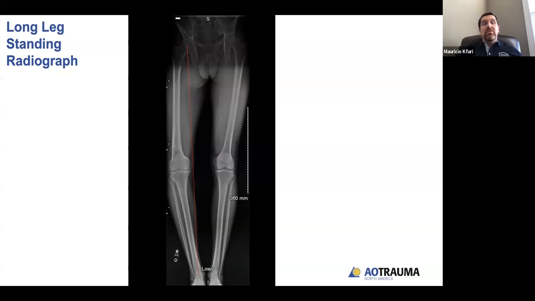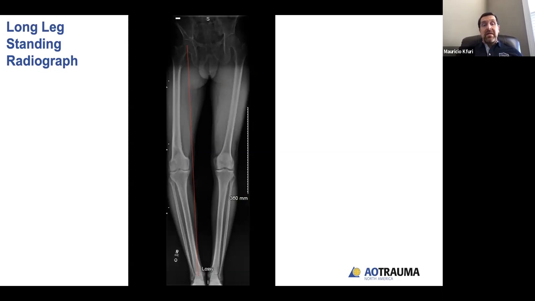My exam is with the patient lying down, and this has been very well presented by Mitch. We rotate the hip internally and externally and compare to the opposite side. We also pay attention to the progression of the gait and make sure that there is no component coming from the tibia.